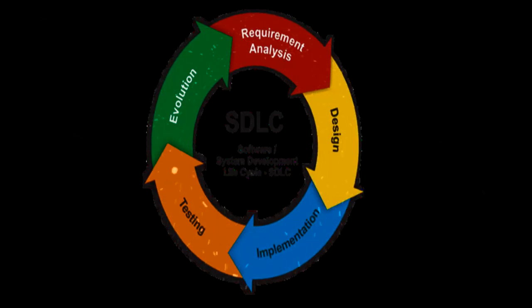Following are the most important and popular SDLC models followed in the industry: Waterfall model, Iterative model, Spiral model, V model, Big Bang model. Other related methodologies are Agile model, RAD model, Rapid Application Development, and Prototyping models.